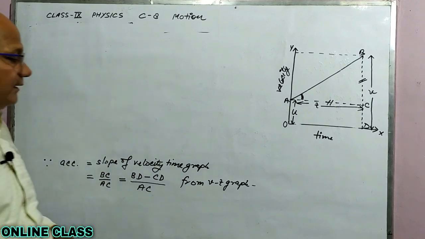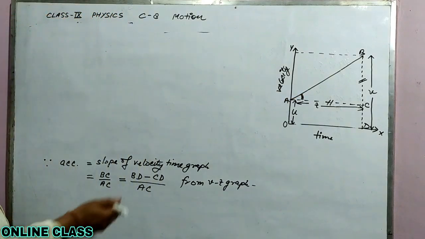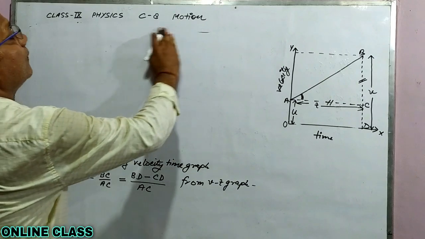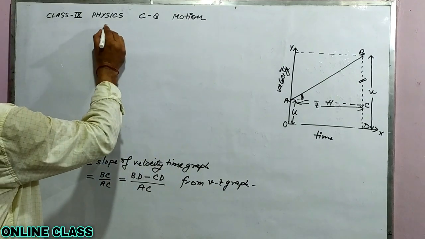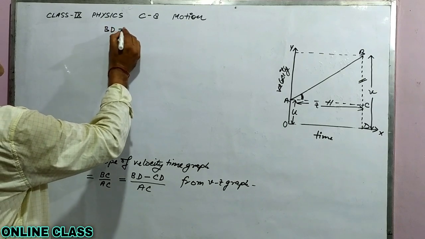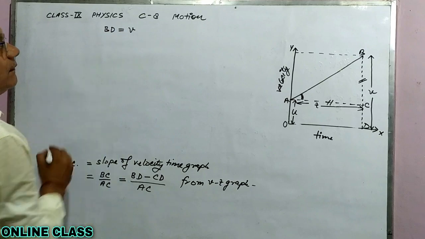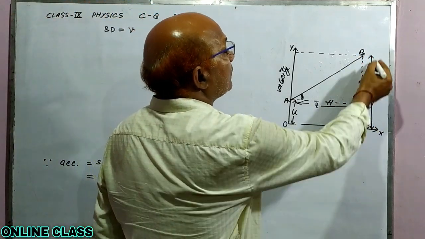Now you can see from velocity time graph, BD is equal to v.